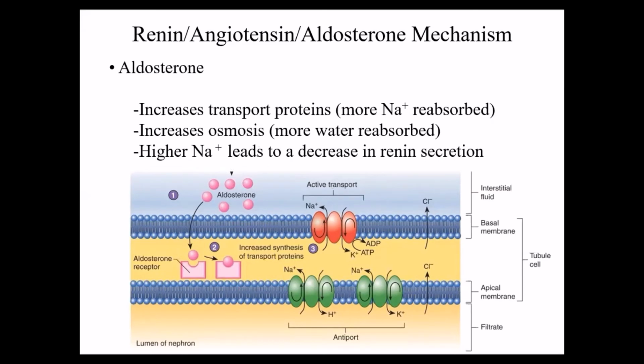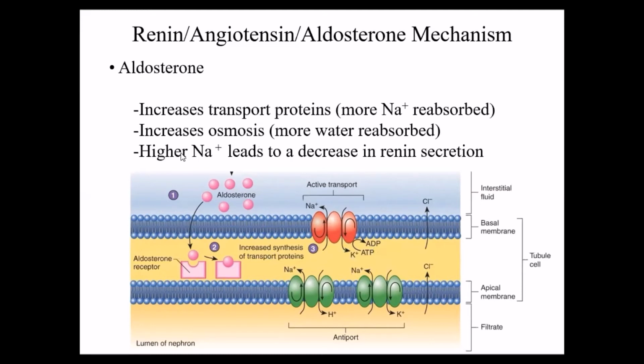Here's the sodium-potassium pump, pumping sodium out. Notice it does require energy, so it's a true active transport, and then water will want to follow after the sodium goes out, because of osmosis.